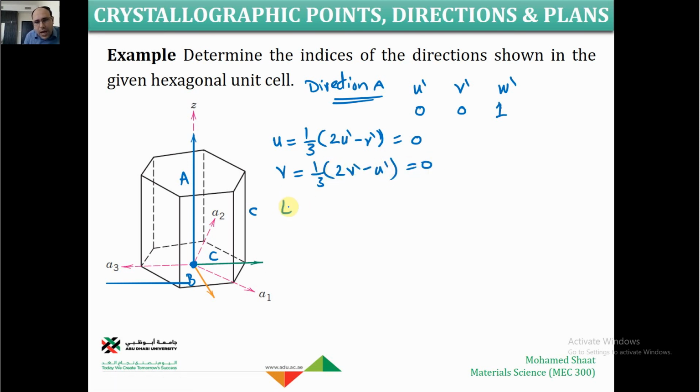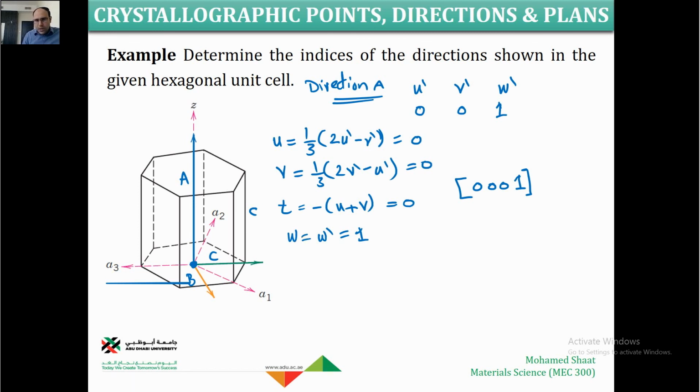This gives 0. And T equals negative U plus V, which is 0 plus 0 equals 0. And W will be W prime, which is gonna be 1. This is gonna give you the crystallographic direction for direction A. U is 0, V is 0, T is 0, but we do have 1. So this is gonna be 0, 0, 0, 1.